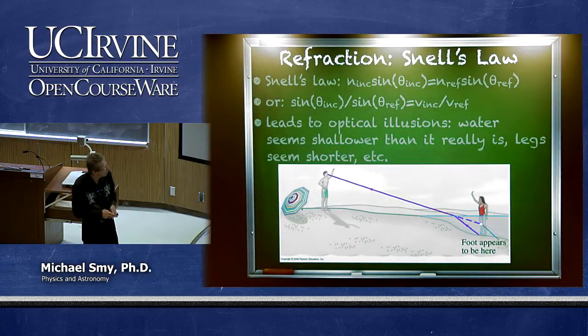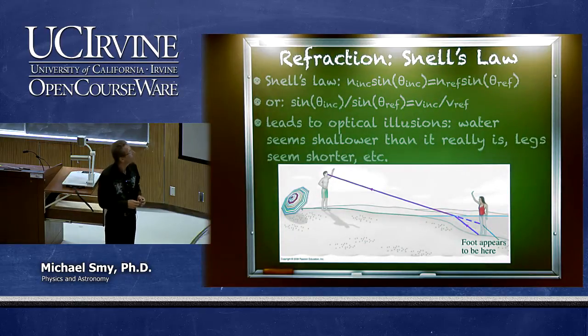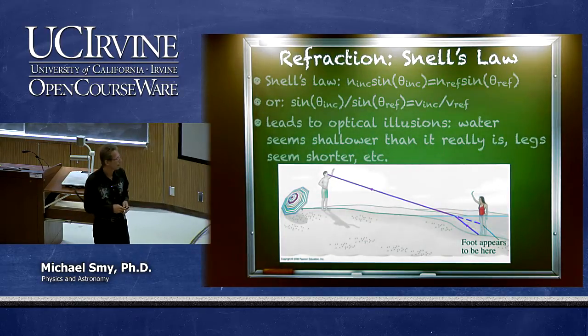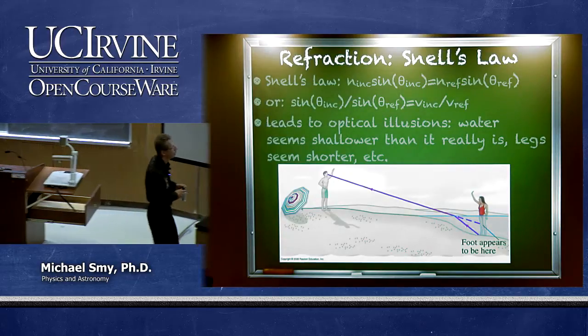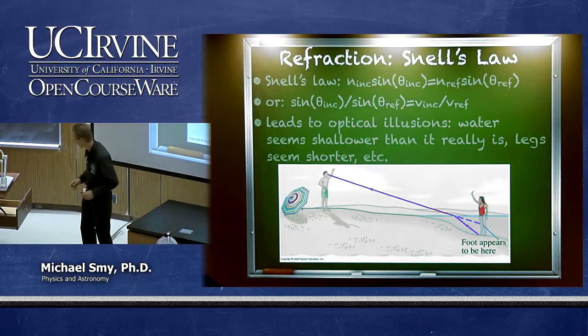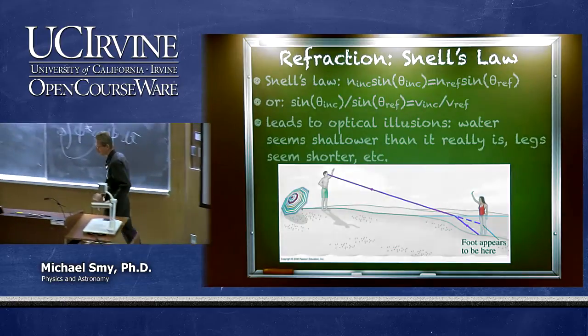And so you see the foot here when in reality it's down there. By the same token, you always underestimate the depth of a body of water. It always looks shallower than it really is. And anybody who's ever dived knows that that is true.